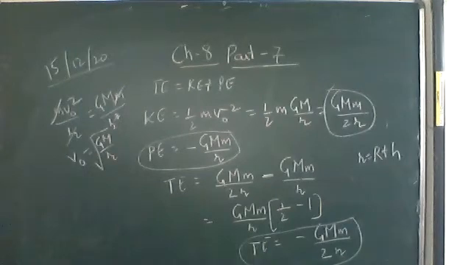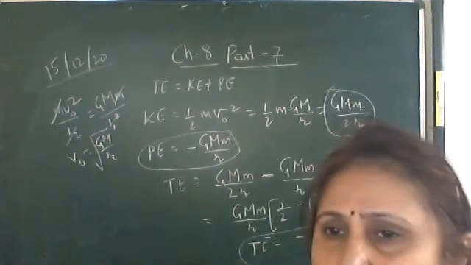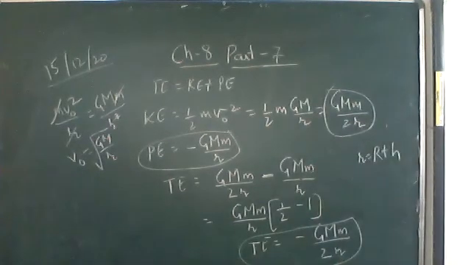Potential energy, we have already derived the expression. The potential energy is equal to minus GMm upon r. So the total energy, which is the sum of the kinetic and potential energy, comes out to be minus GMm upon 2r.